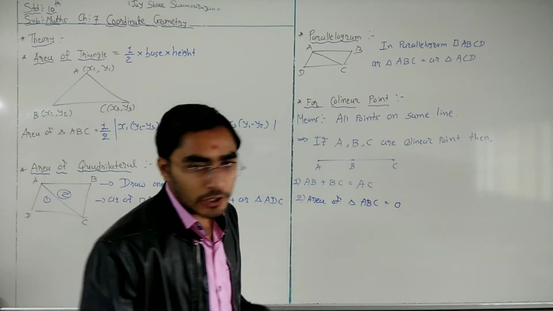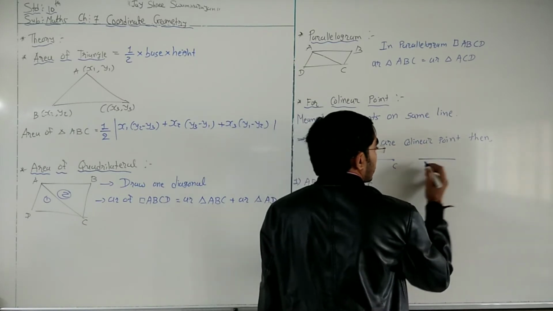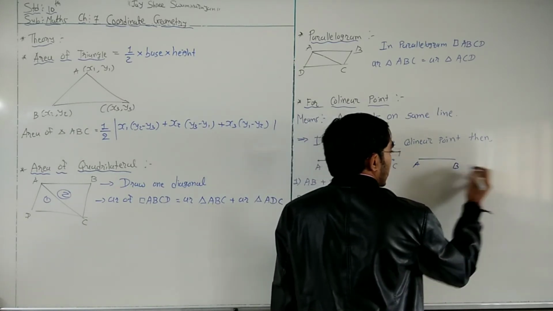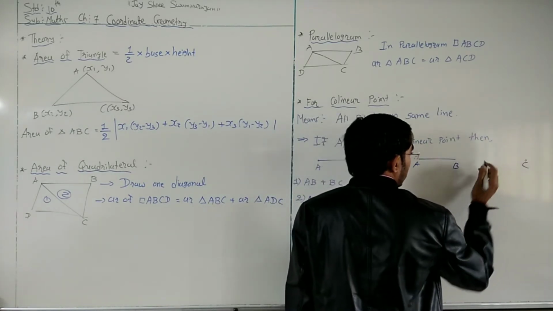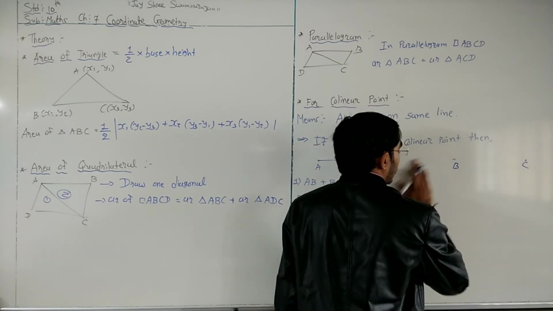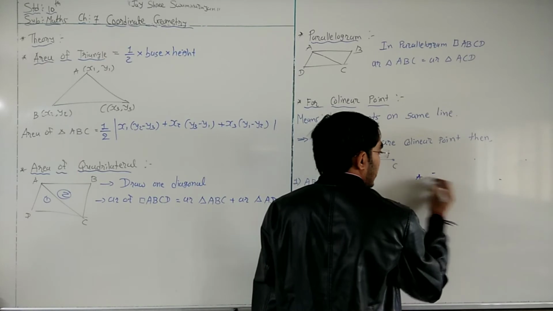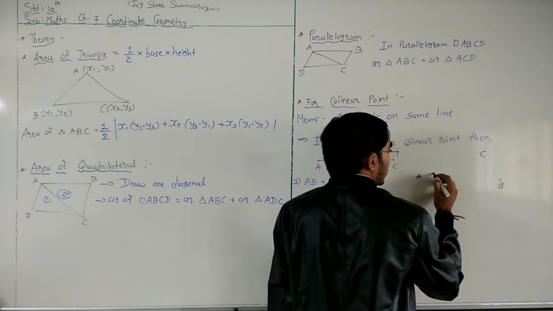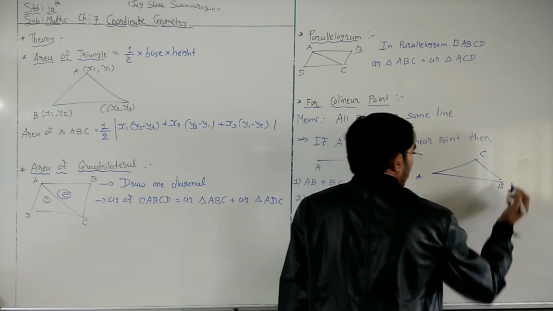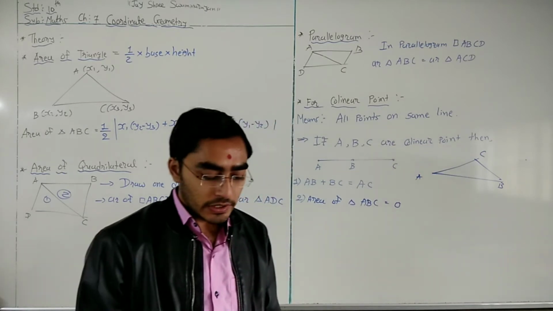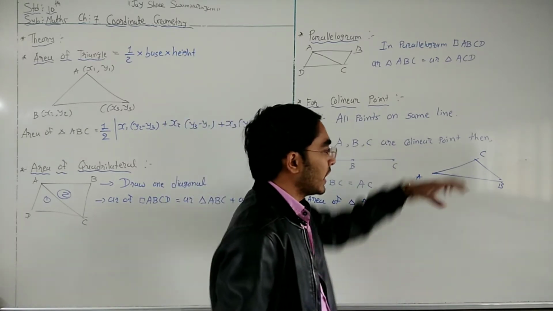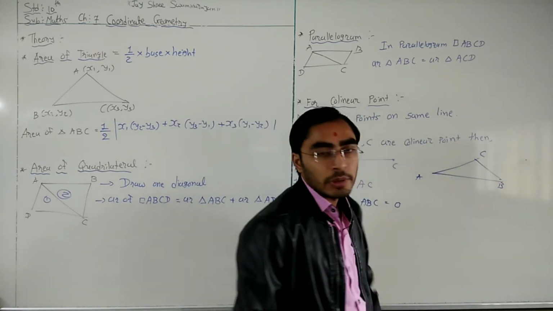If it is not collinear points, then A, B and somewhere C. That means what I want to say, if 3 points are like this, A, B and C, now join these points. So it forms one triangle. Now you cannot say that AC plus BC is equal to AB, right?